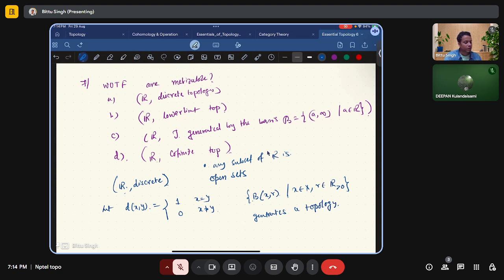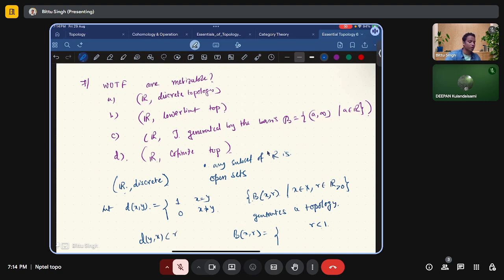Now the thing is that for B(x, r) there are two possibilities. If r is less than or equal to 1, then what are the y with d(y, x) less than r?